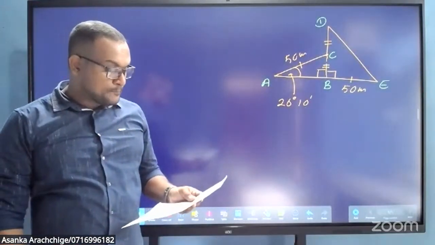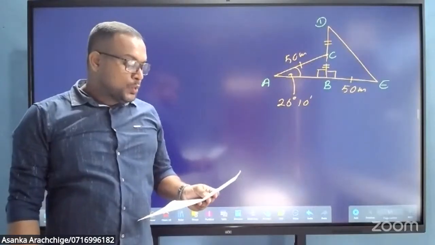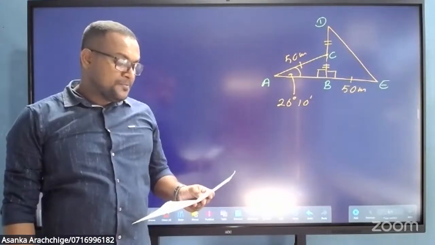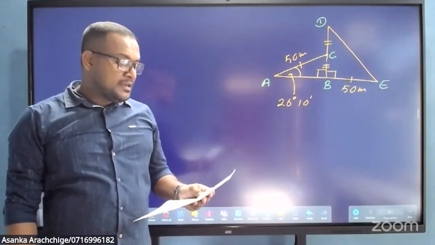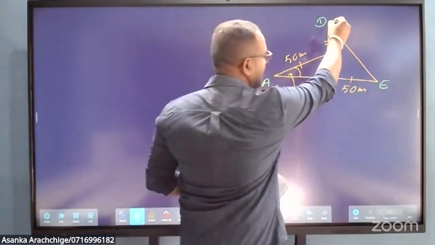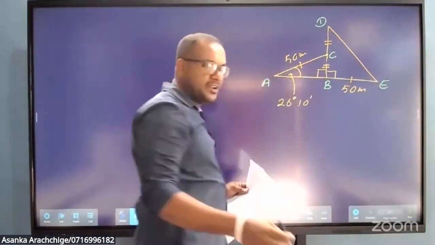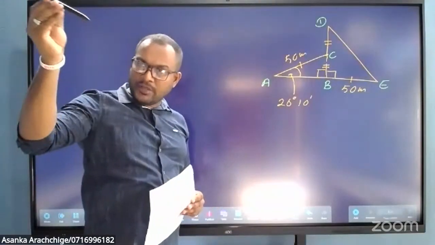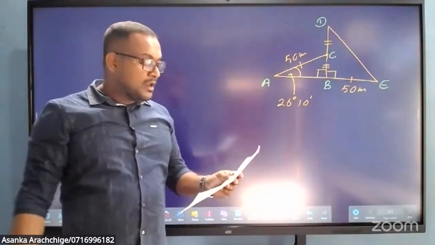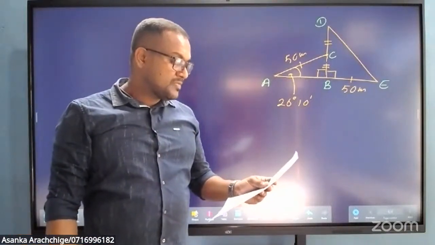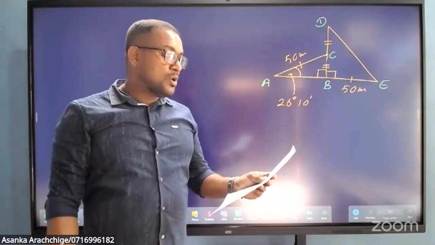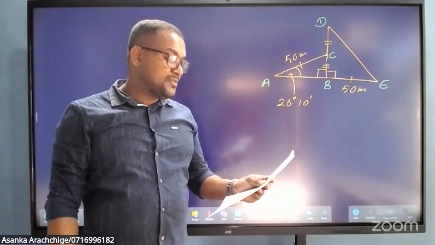Then, using trigonometric ratios, show that the difference between the incline of DE and the incline of AC is more than 15 degrees.